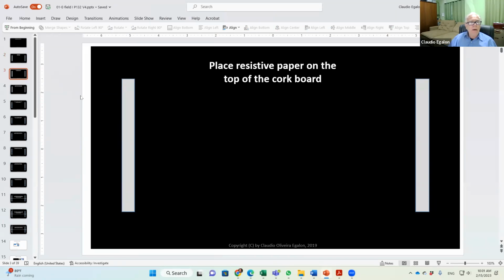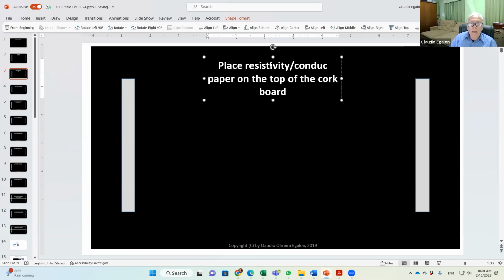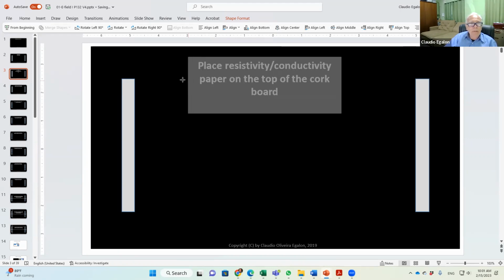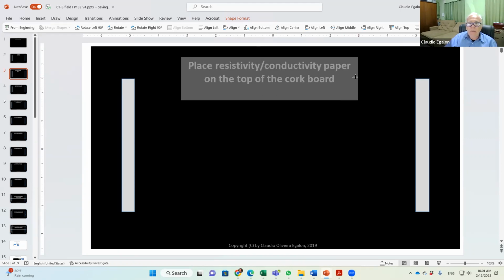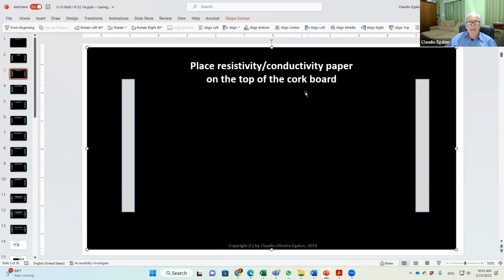And then we're going to put this resistivity paper. Let's put conductivity. The manufacturer likes to call it conductivity. I think it's better if you call it resistivity. Over a cork board.